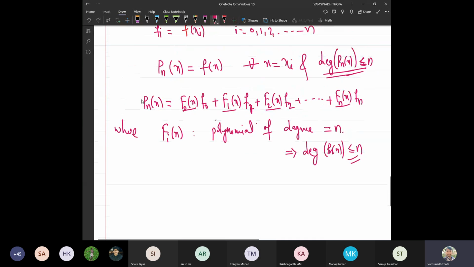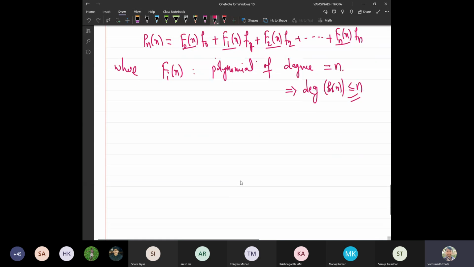Okay, let us evaluate, if this is the polynomial we are talking about, what Pn at xi is equal to.